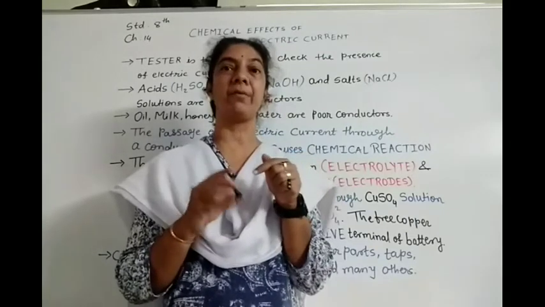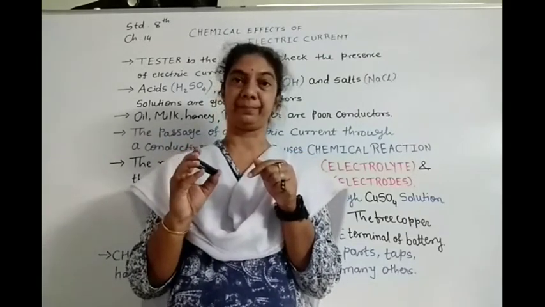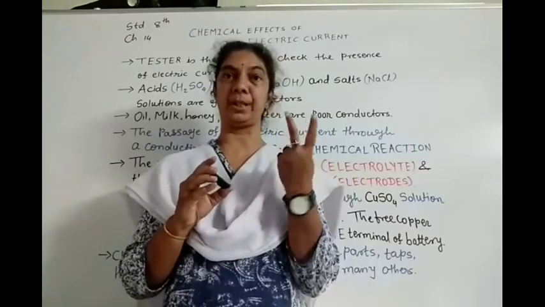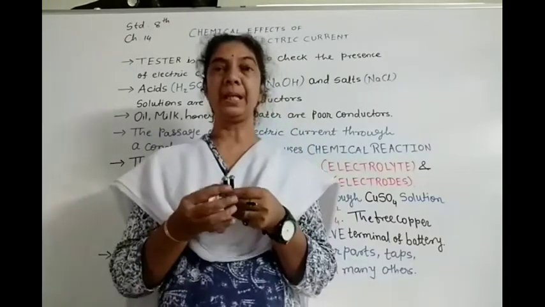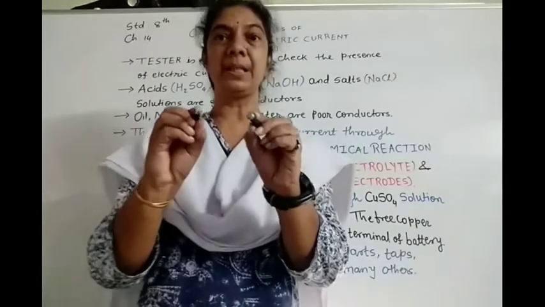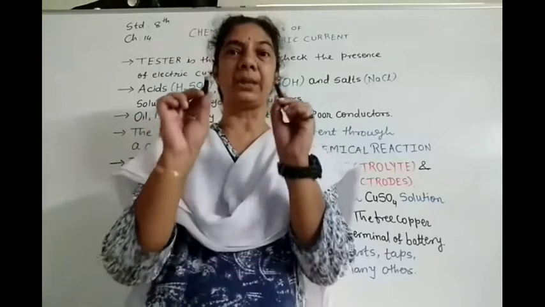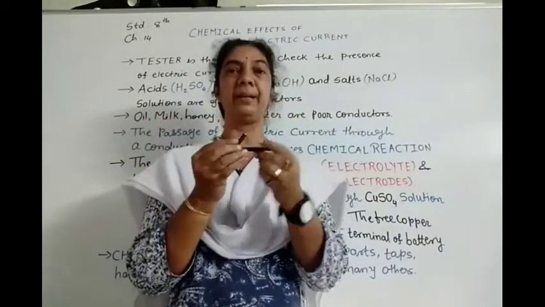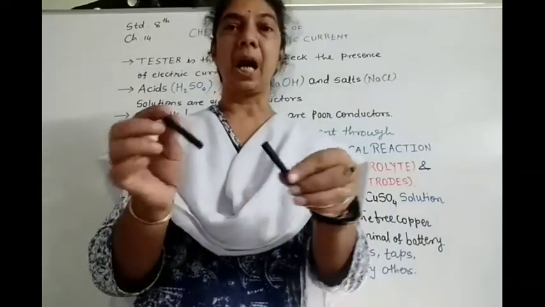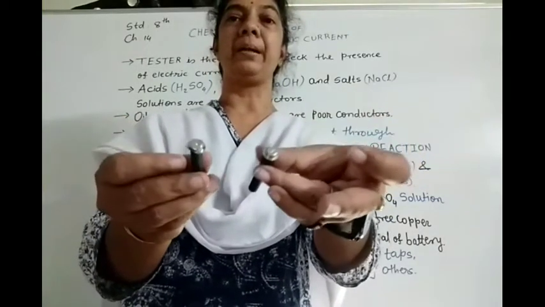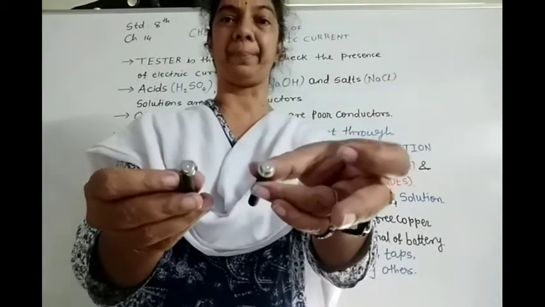And as we have connected, the battery has two terminals, positive and negative. Here you can see this metallic cap. This we can see outside the battery, and these are the carbon rods connected with those metallic terminals, the metallic cap.